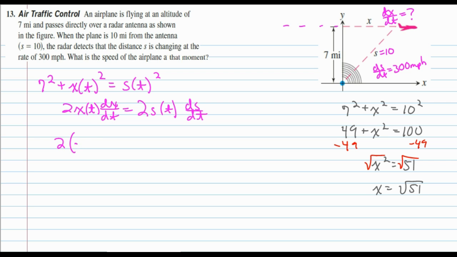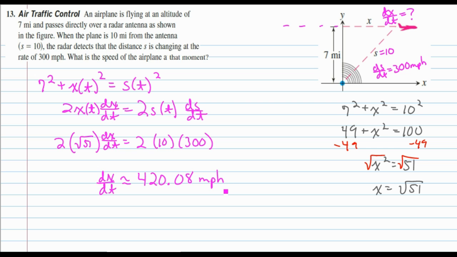So I'm going to put down 2 square root 51 dx/dt, which is what we're looking for, equals 2 times s's length, which is 10, said the problem, times ds/dt, which the problem said is changing at 300 miles an hour. So now I can just solve for dx/dt. I get that the airplane is going about 420.08 miles an hour, which sounds reasonable for an airplane. I know they go really fast. And if this is changing at 300 miles an hour, 420 seems reasonable.